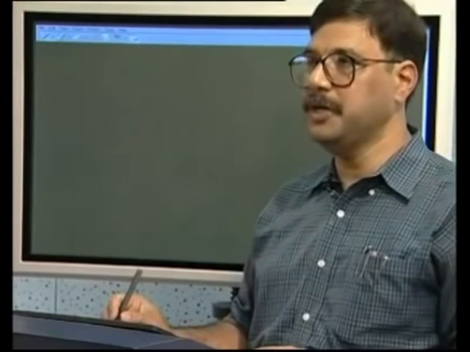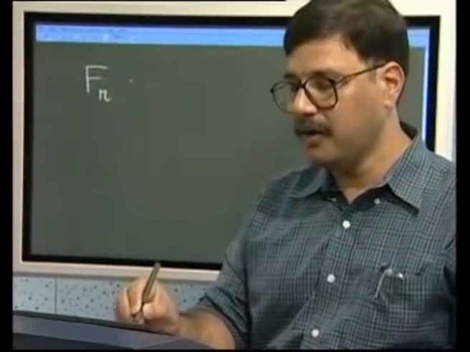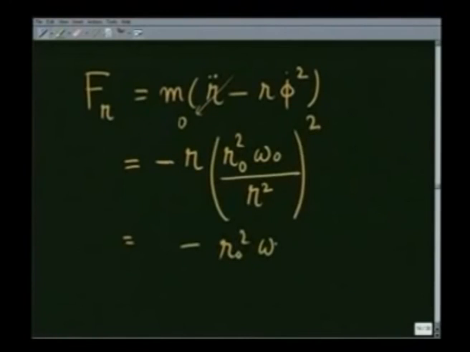How about the force needed to pull the wire in? That, as I told you earlier, is Fr, which is equal to m times r double dot minus r phi dot square. r double dot is 0 because I am pulling the wire in with constant speed, and therefore this is going to be equal to minus m r phi dot square, and phi dot is r0 square omega 0 over r square.